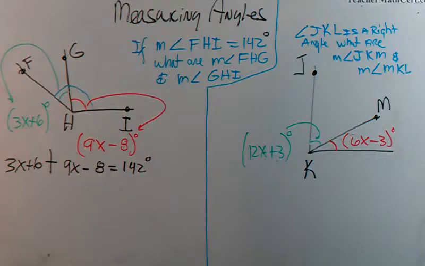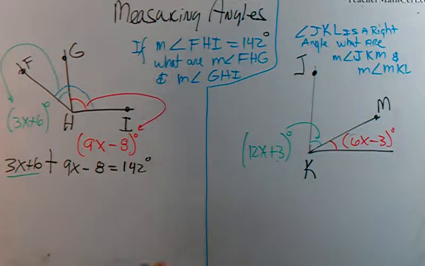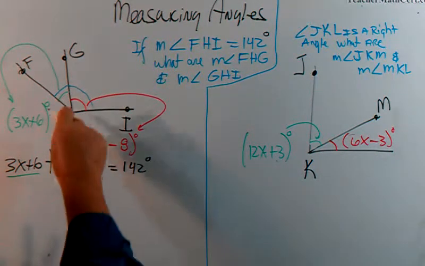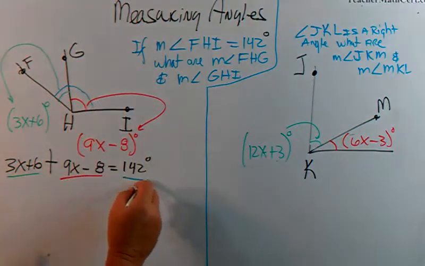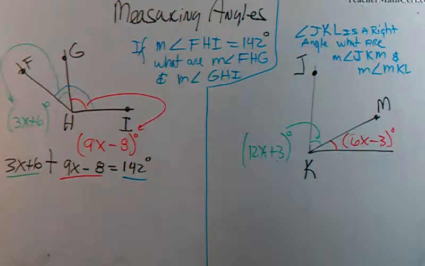In other words, the green angle plus the red angle is equal to the total distance here, or the blue angle. Right? So when we add this one to this one, we're going to get 142 degrees.